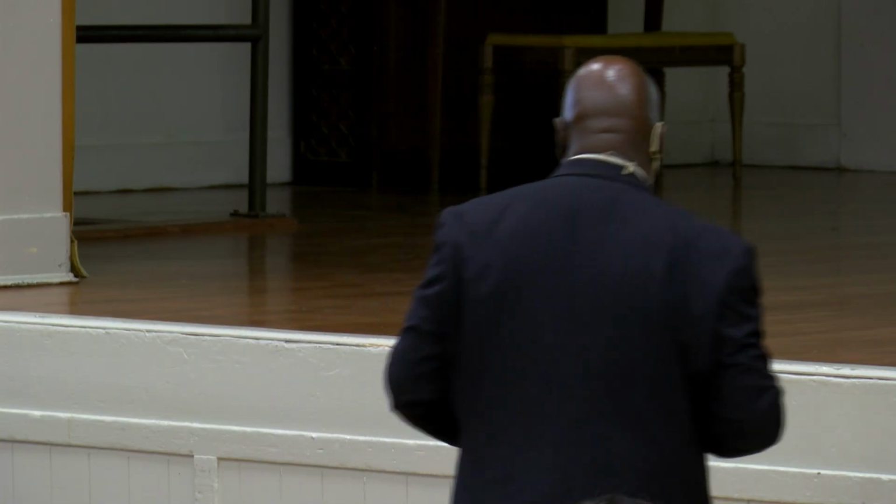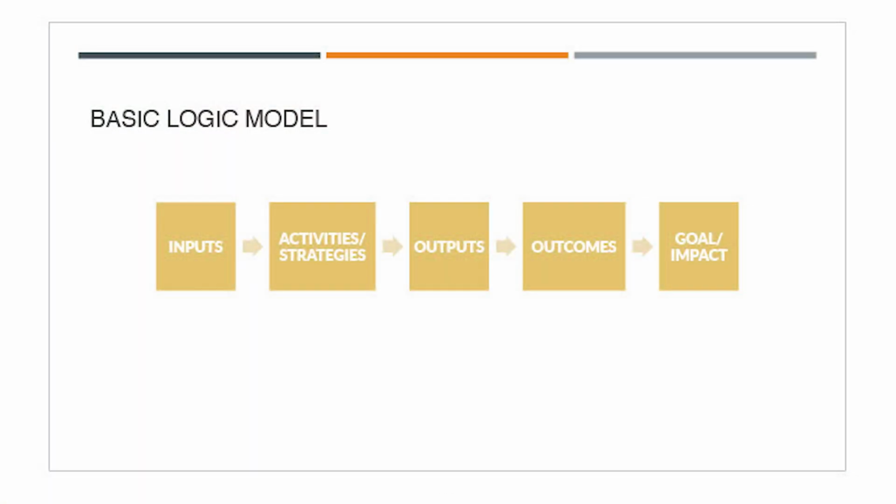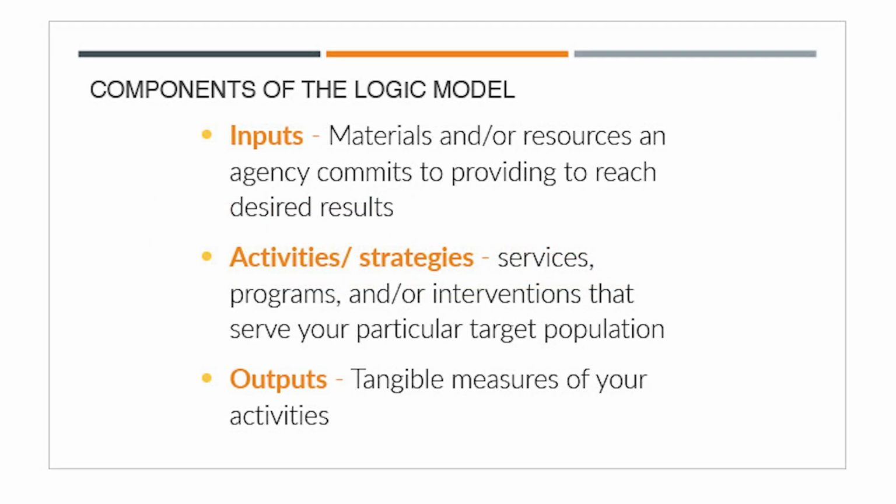Or it's diabetes related and you want to talk about blood sugar testing and so forth. Those activities that you actually are providing will fall in that second category. Then you will have outputs, right? Now you're beginning to talk about what comes out of that effort, and then the outcomes, which you already have developed, and the goals and impacts.